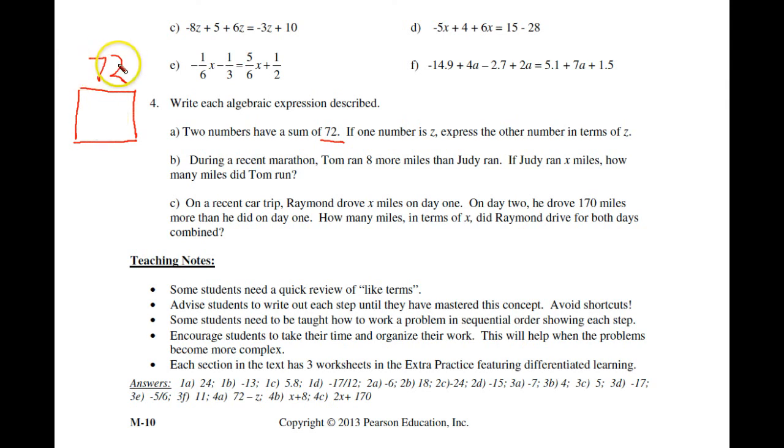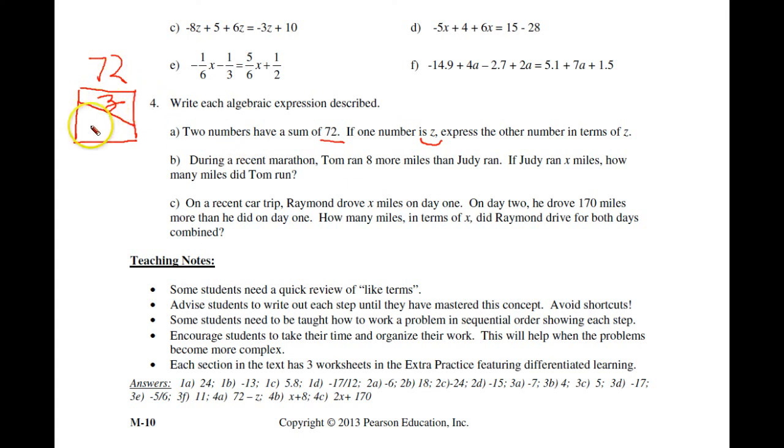Now if it was 50 or 25 or 500 or 135, it would be the same technique. This box represents the total. So I'm going to put a line right here. Now I'm going to say one of these numbers is z. This part is z.